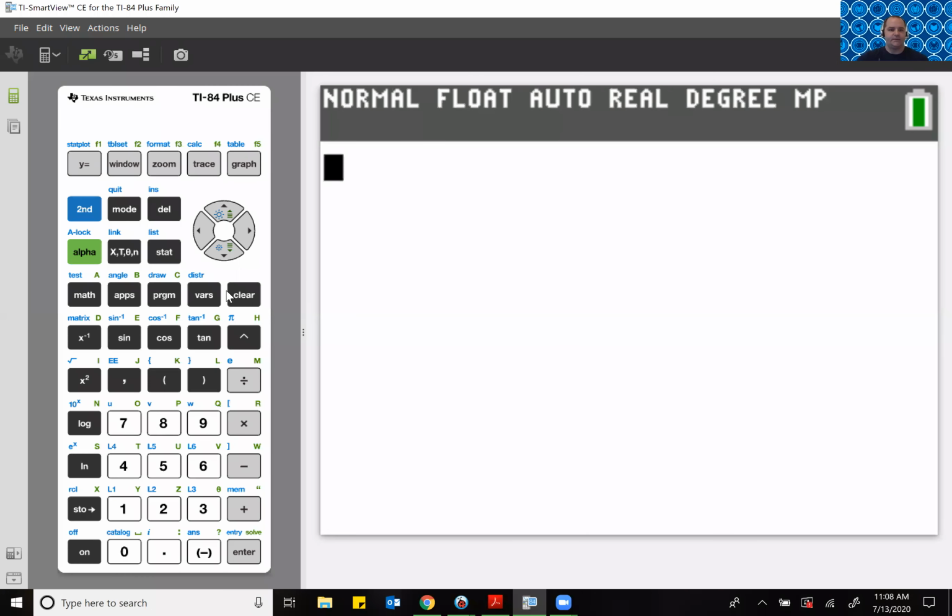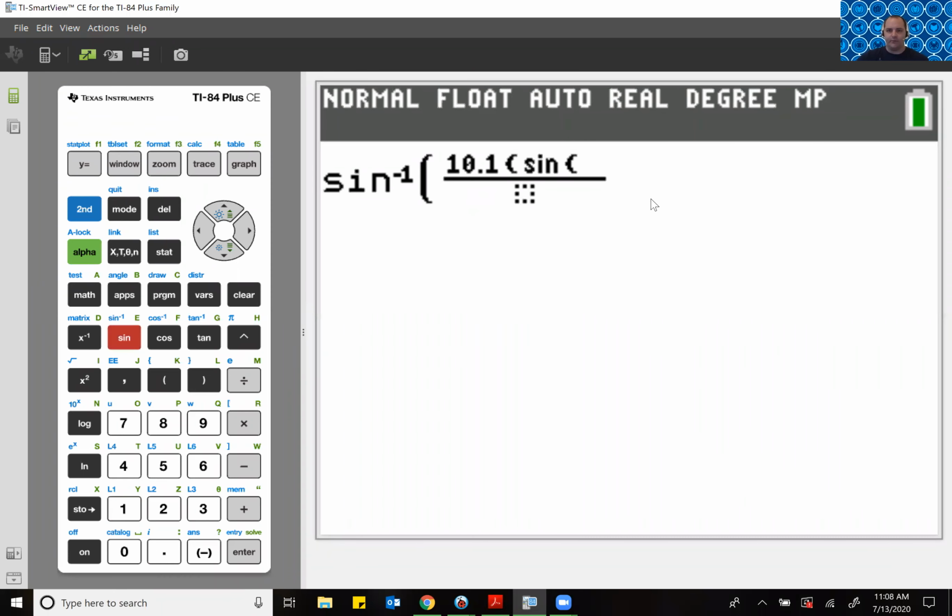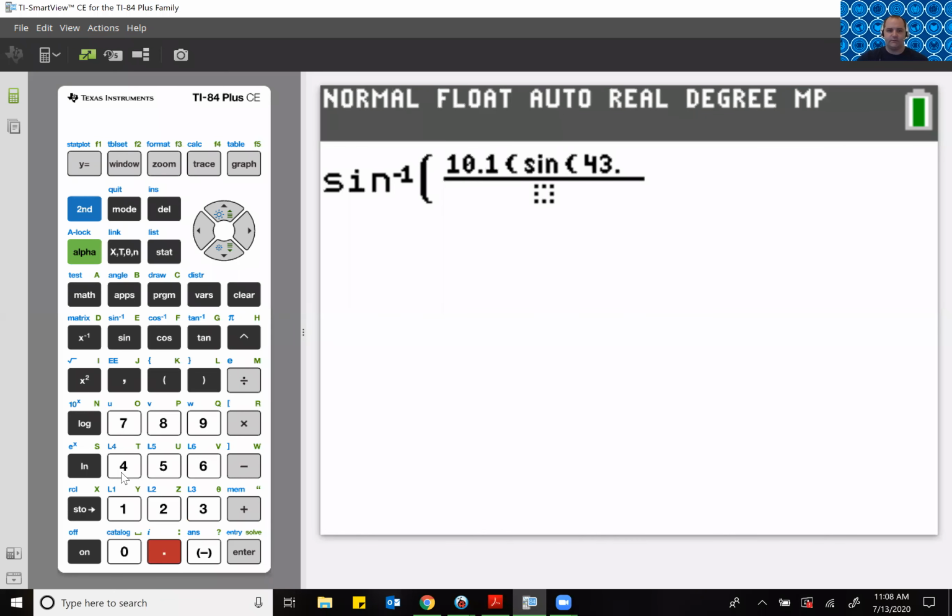Okay, so inverse sine of 10.1 parentheses sine. Make sure we are in degrees, and we are in degrees. 43.4, close.